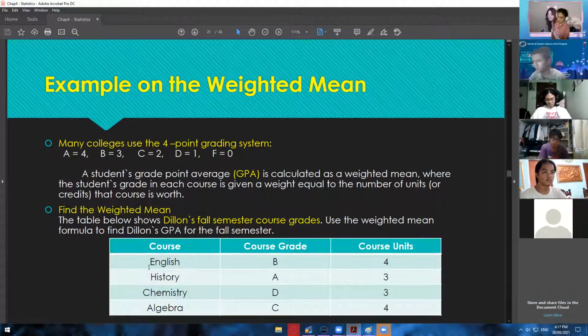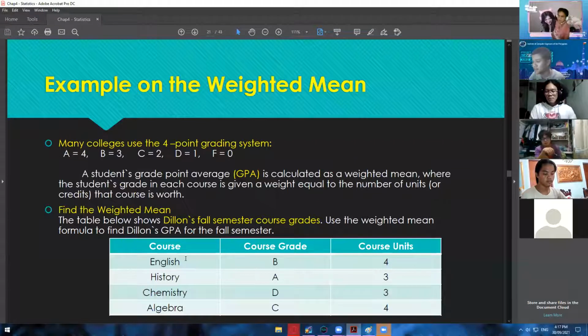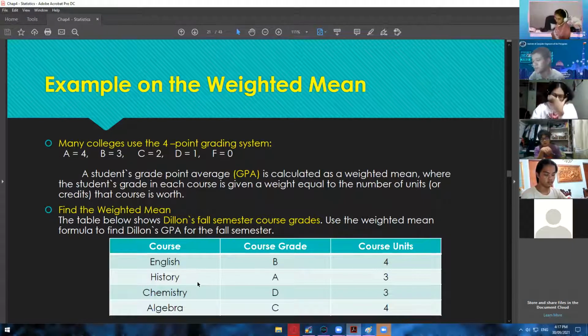In this school, the English subject is a total of 4 units. History is 3, chemistry is 3, and algebra is 4. The weight is coming from the course units itself. The higher the units of that course, the more important it is for you to have a high grade in it. So English and algebra are at least 1 point better than history and chemistry.